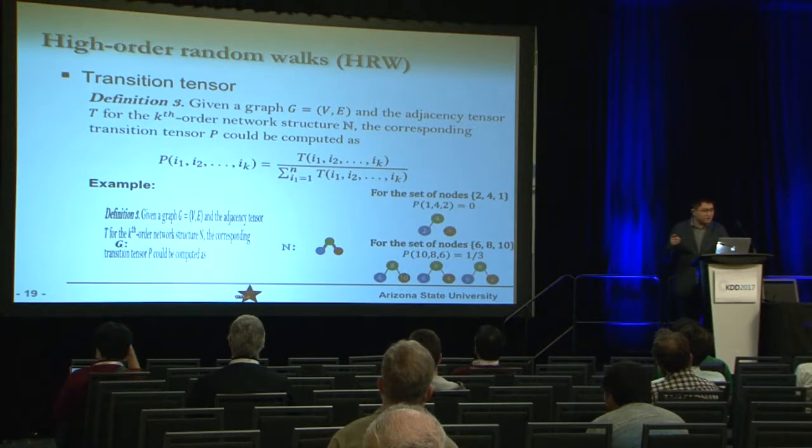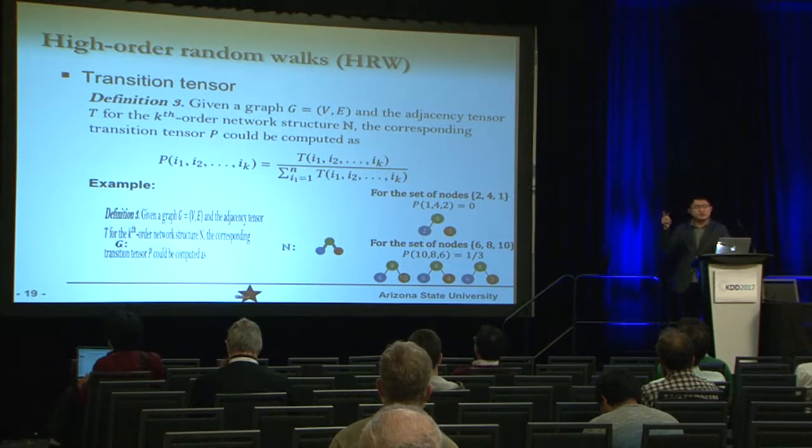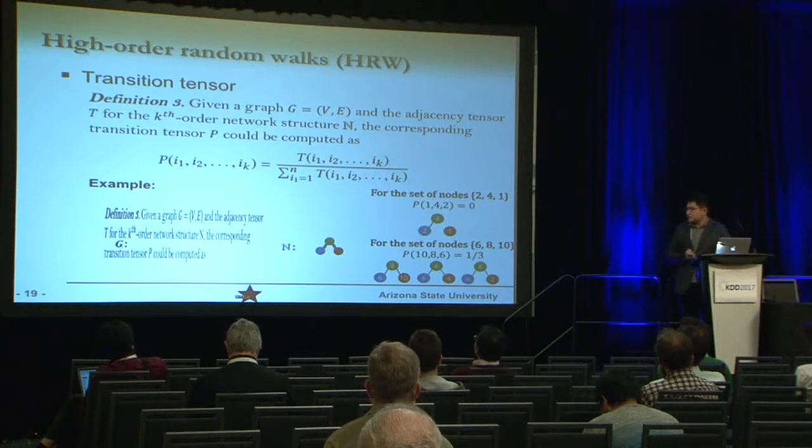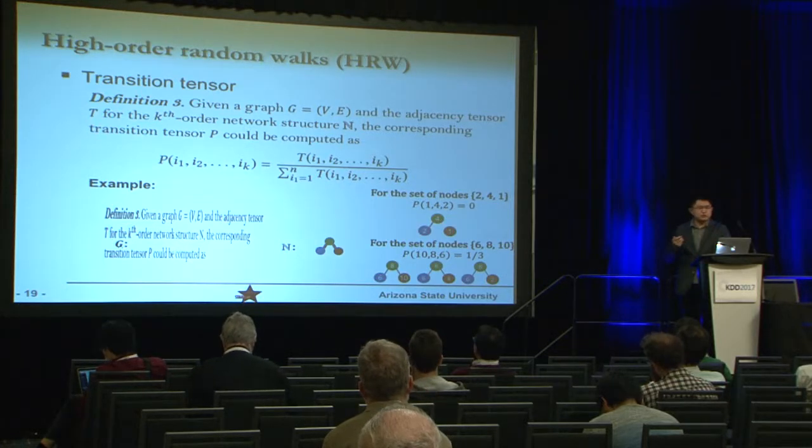Still using the previous graph, I'm sorry, there are some problems with the presentation due to the size. So using the previous examples, the entry of the transition tensor for node 2, node 4, node 1 equals 0 because the numerator is 0 and the denominator is not 0 by the definition. For the set of nodes 6, 8, 10, the entry equals 1 over 3 because the numerator equals 1 and the denominator equals 3, because by using node 6 and node 8, there are 3 ways to form a 3-node line on the given network.